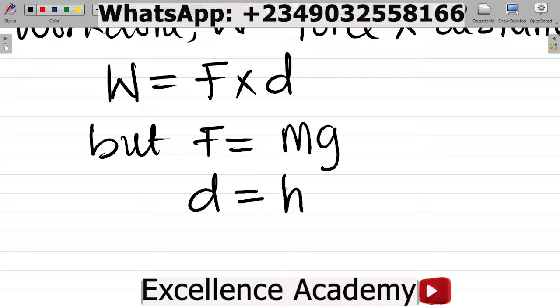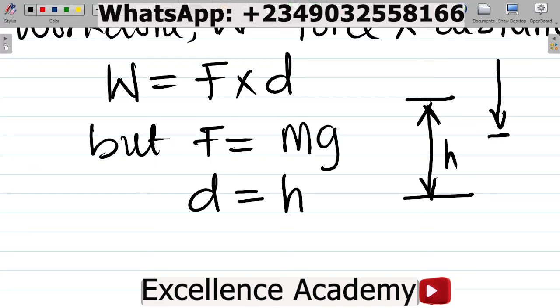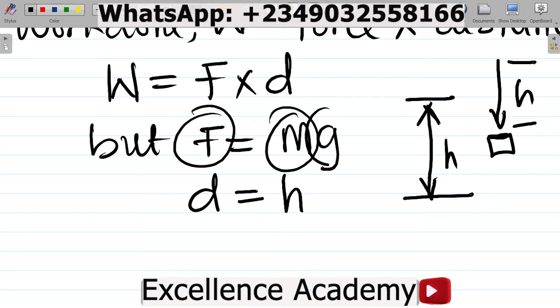Height. Why is it height? Because height talks about vertical distance. I'll call this the height, H. Since the object is falling like this, it is passing through a vertical distance called height. And since it is falling under the influence of gravity, the force becomes mass times gravity.